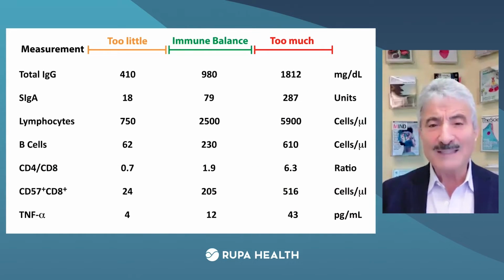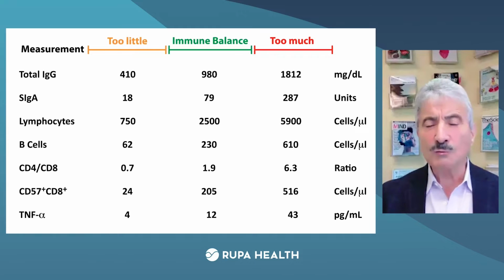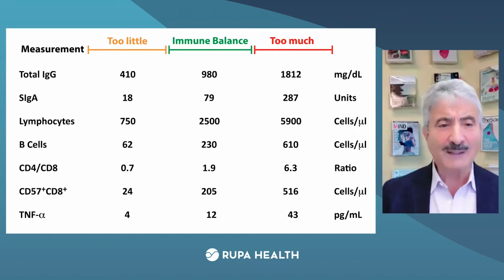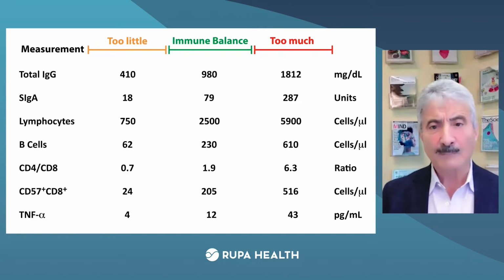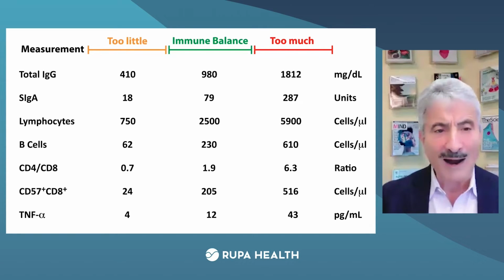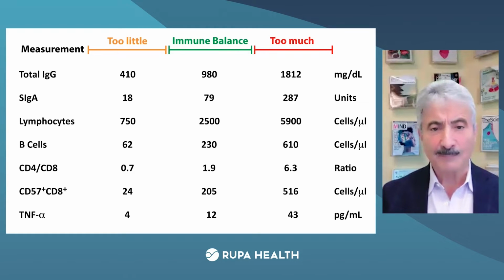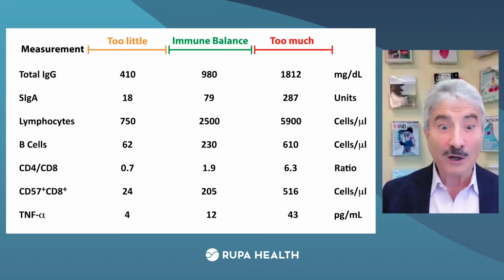So here we see, if we take those three individuals, one in immune balance, one with too much or hyperactivation of the immune system, and one with too low or too little or hypoactivation of the immune system, and we measure biomarkers of humoral and cell-mediated immunity, we are going to see a pattern.